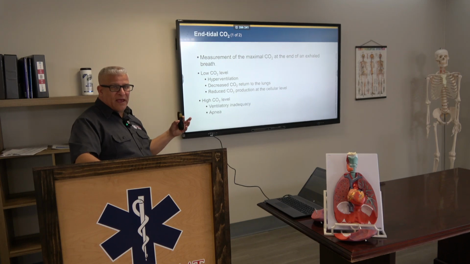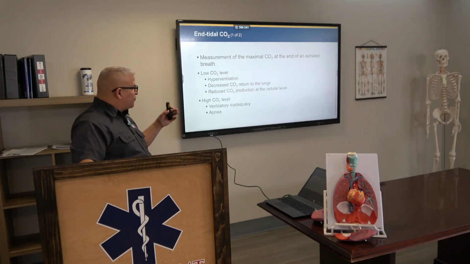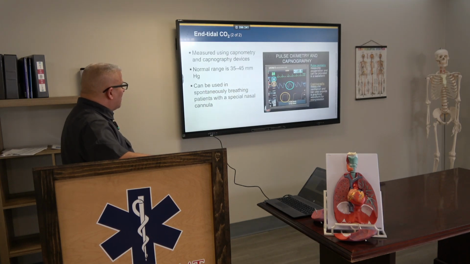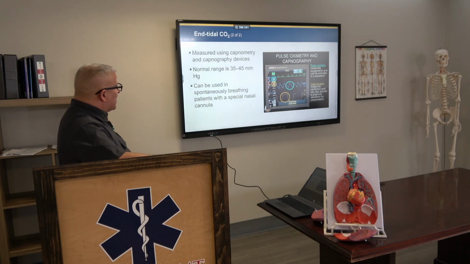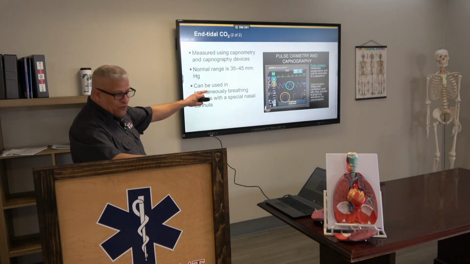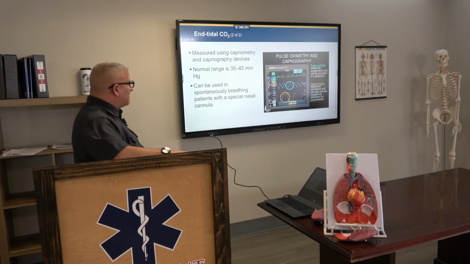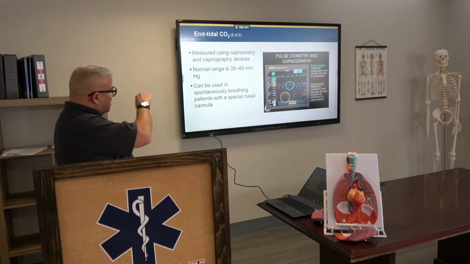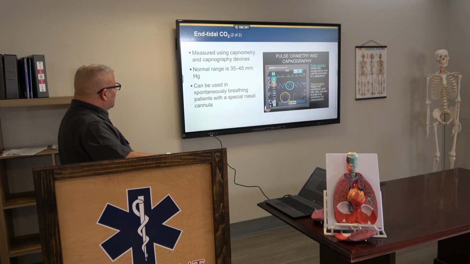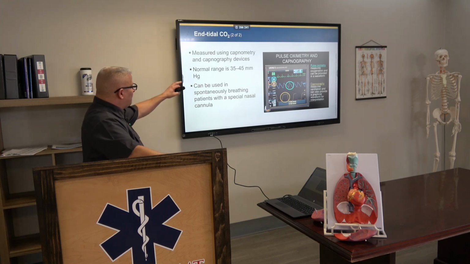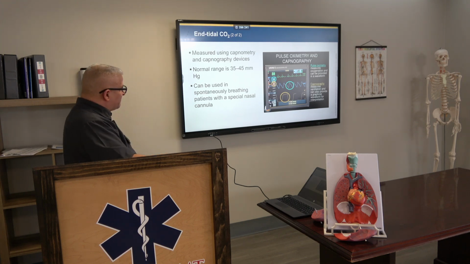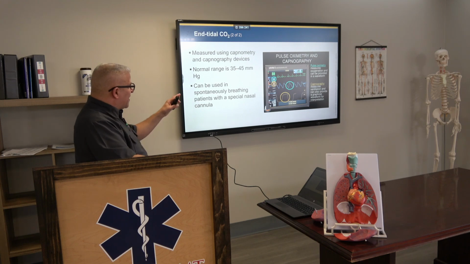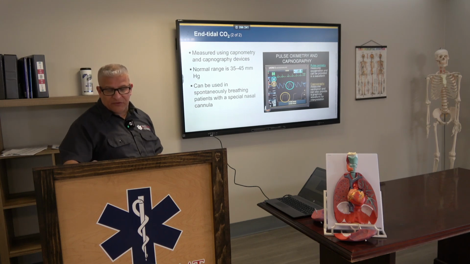This is more of an ALS skill, but it shows you a diagram of your capnography. And in the bottom, you see the yellow circle, and on page 439, it shows a breathing pattern. So the normal range is 35 to 45 millimeters of mercury, and then you're going to look at the pattern. Again, this is an ALS skill.